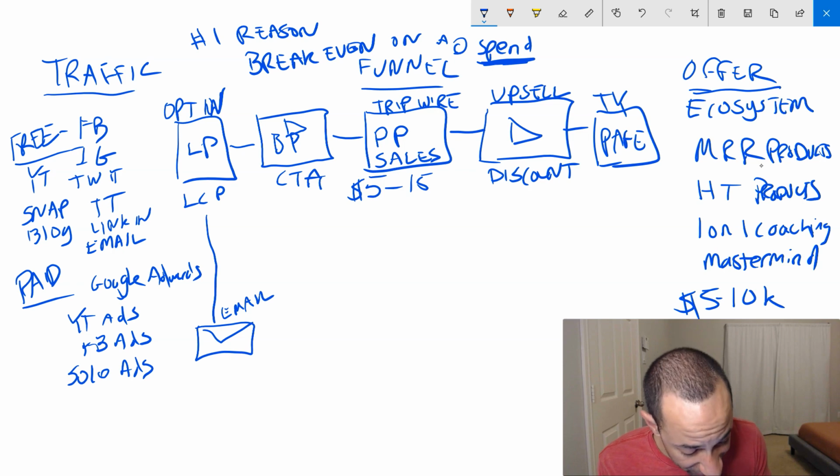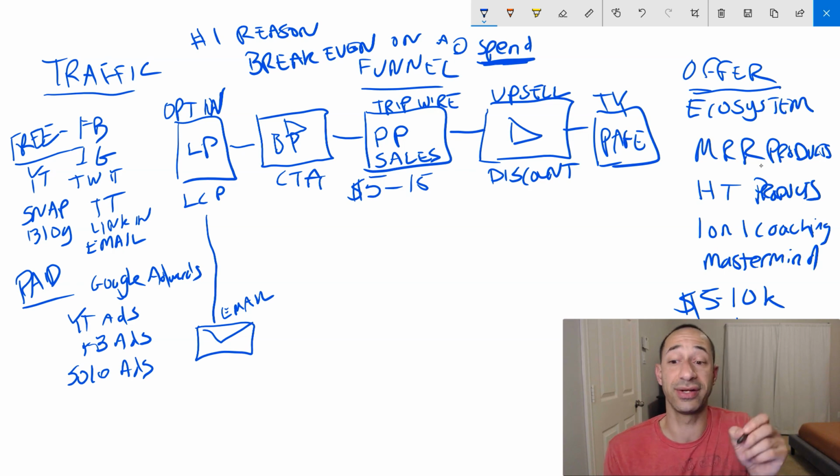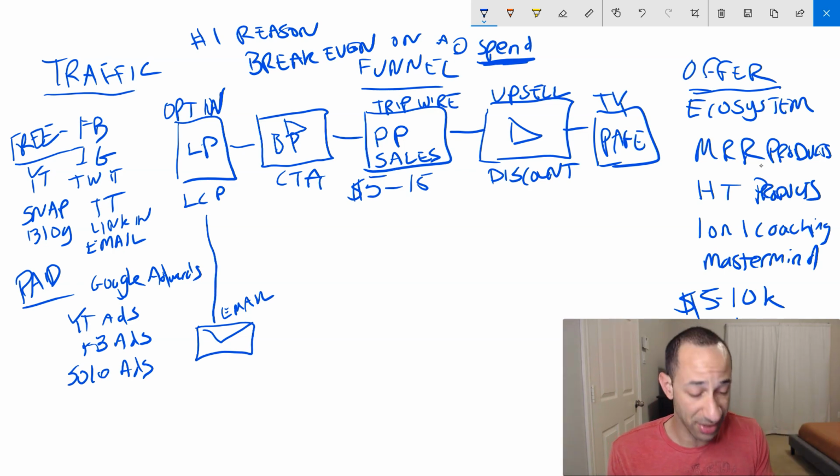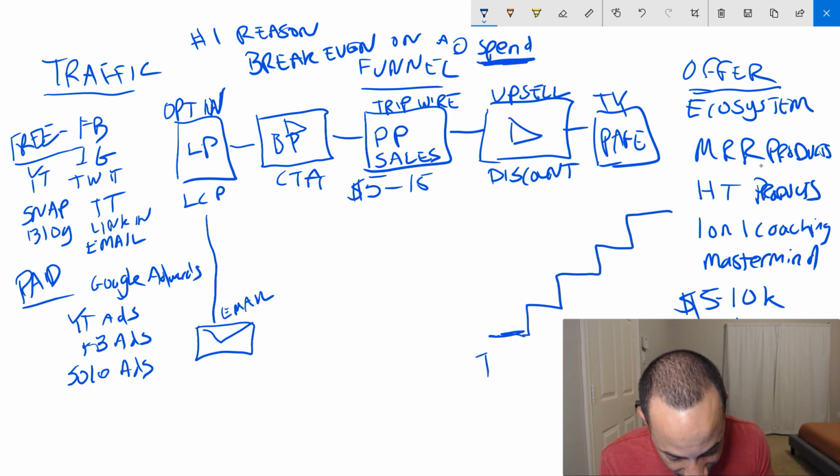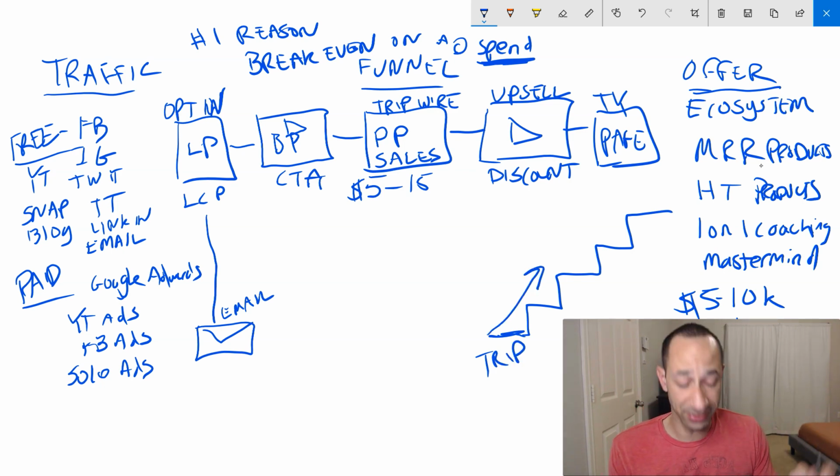You could get a $5,000 commission. And that's where the value comes in. They talk about a value ladder, right? So you get them in on the tripwire, you get them started up this value ladder.